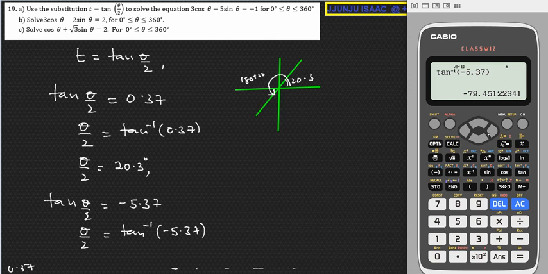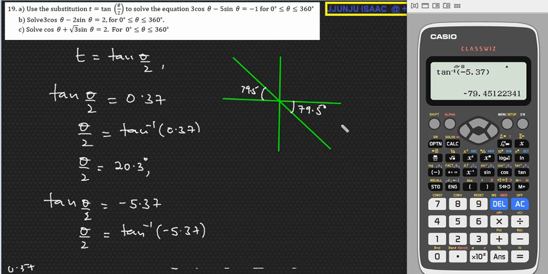We get negative 79.5. So let us see where tan is negative. We have these quadrants. So this is negative 79.5, and we also have here 79.5. But we are on the positive side, 0 to 360.